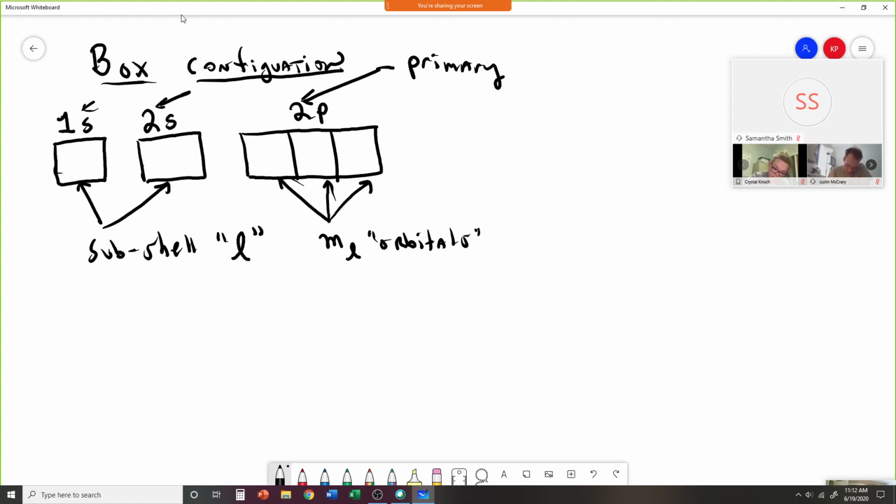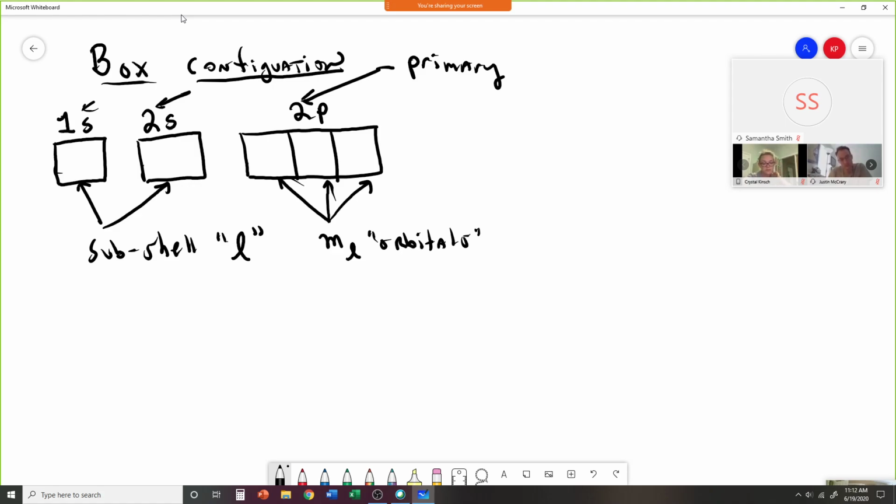Okay, and s only has one orbital, which is why there's only one box for your s sublevel. A p sublevel has 3 orbitals, and that's why you have 3 boxes, because each box represents an orbital.